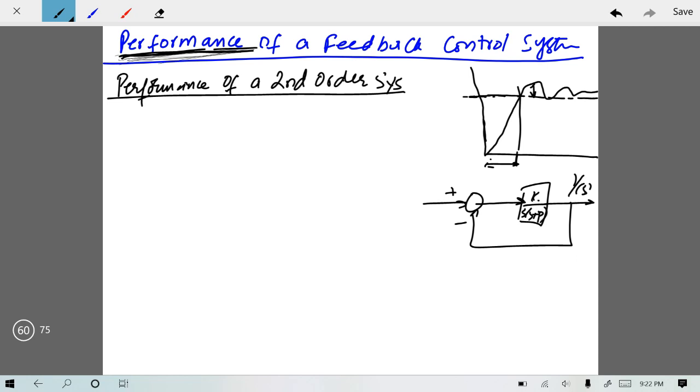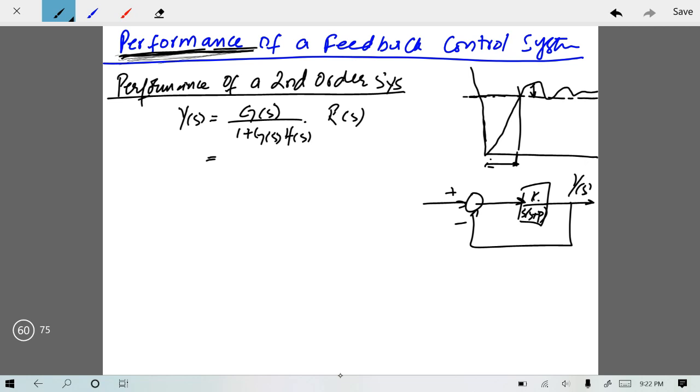I can write its output as y of s. For a feedback system, y of s is equal to g of s over 1 plus g of s into h of s, which you already know, multiplied by r of s, where r of s is the input.